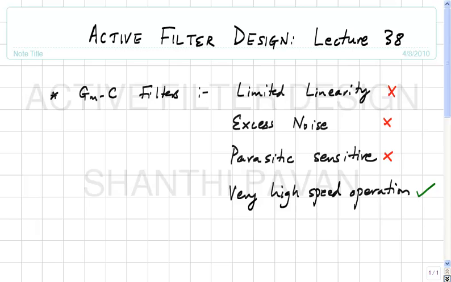So in practice, these properties basically have limited the use of GMC filters only to those niche applications where very high speed is desired with limited dynamic range.